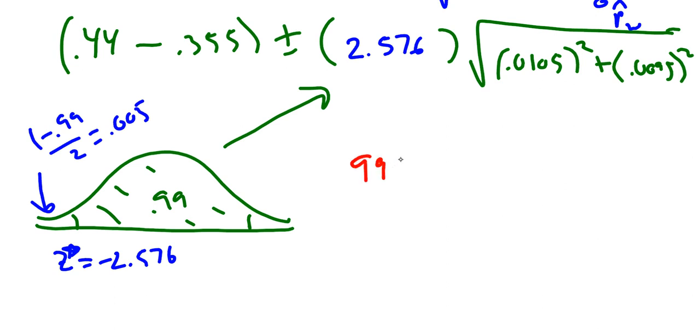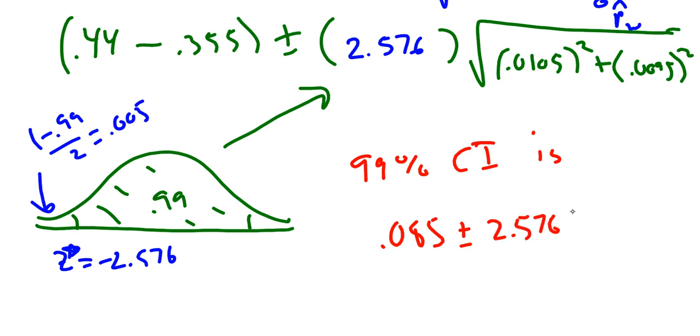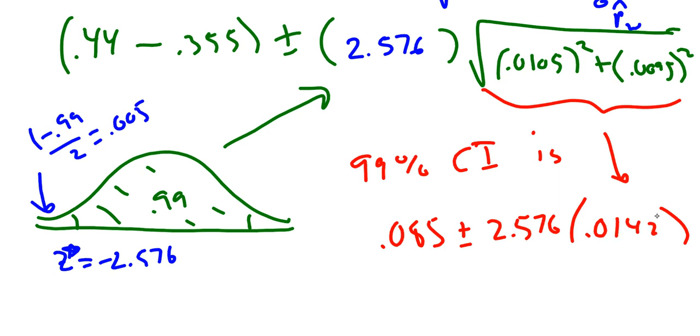Okay, so finally, we're ready to compute this confidence interval. So our 99% confidence interval is 0.44 minus 0.355, which is 0.085, plus or minus 2.576 times whatever that whole thing is. Let me type that into the calculator for you. You will get about 0.0142.